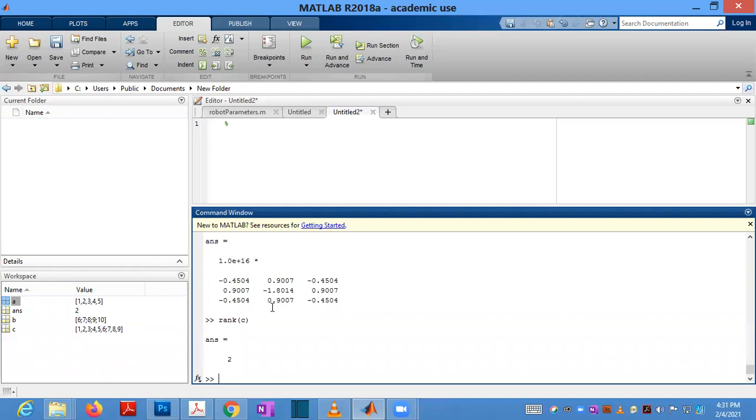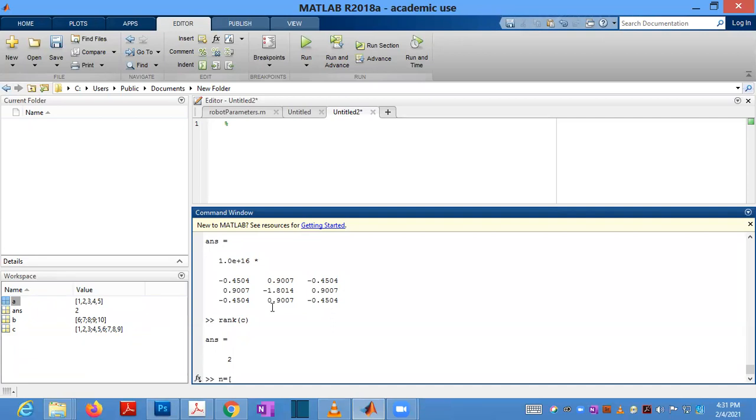So how to enter a transfer function? That is next. A transfer function has a numerator and a denominator. The command used is tf. The numerator you have to enter as a row matrix.